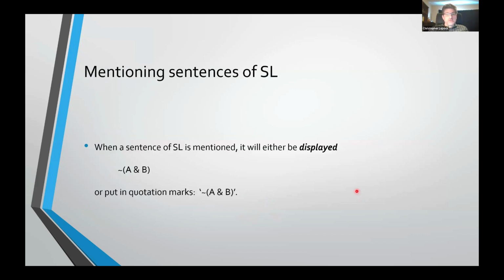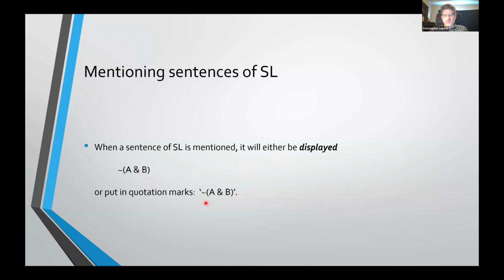Remember the distinction, also from the previous video, between use and mention. To use a sentence is to communicate information with it or perform a speech act with it. To mention a sentence is to talk about it. So when we mention a sentence of SL, it'll either be displayed, so it goes on its own line and gets indented like this, or it gets put in quotation marks.